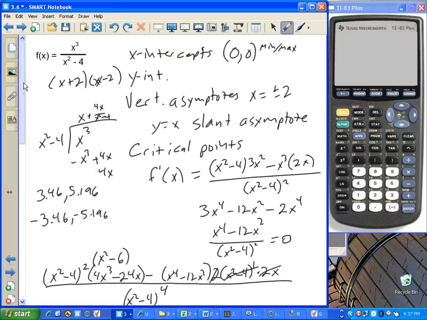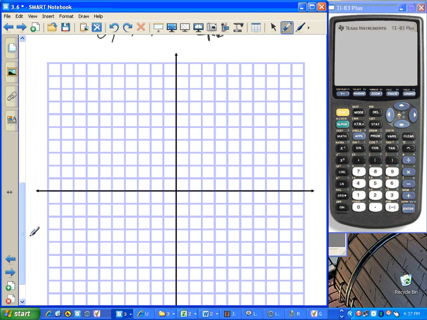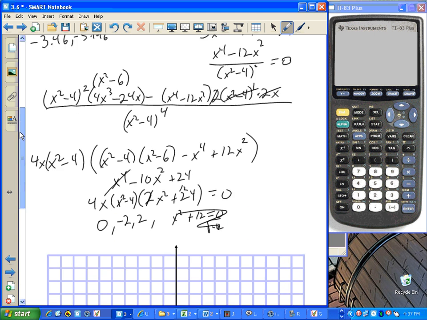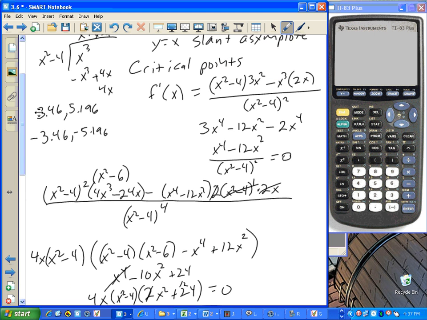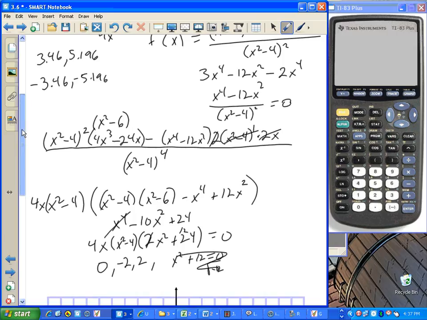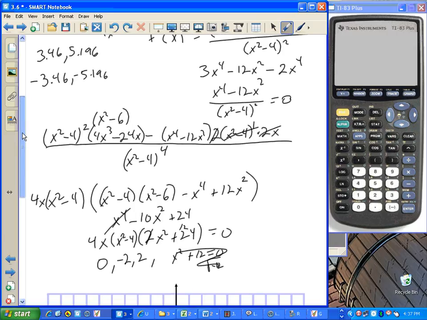All right, so let's start plugging everything we've got. I've got a point at 0, 0, okay, which is a min-max and my x-intercept and my y-intercept. I've got critical points at 3.46, comma 5 point, roughly 2.